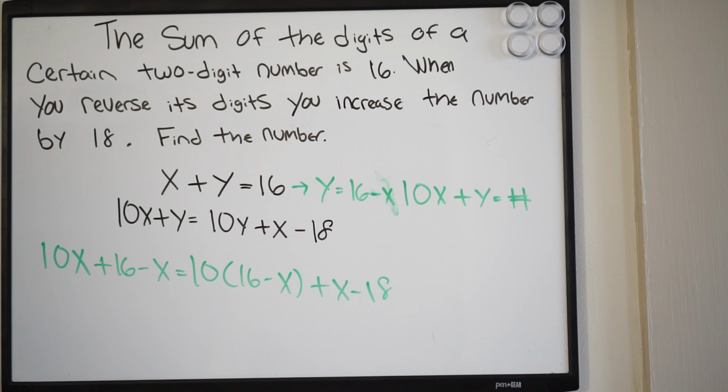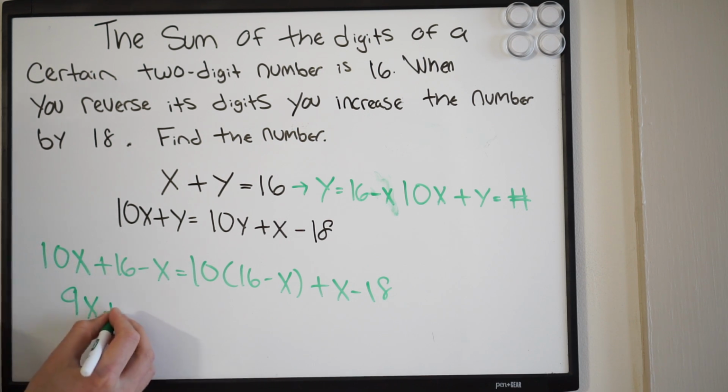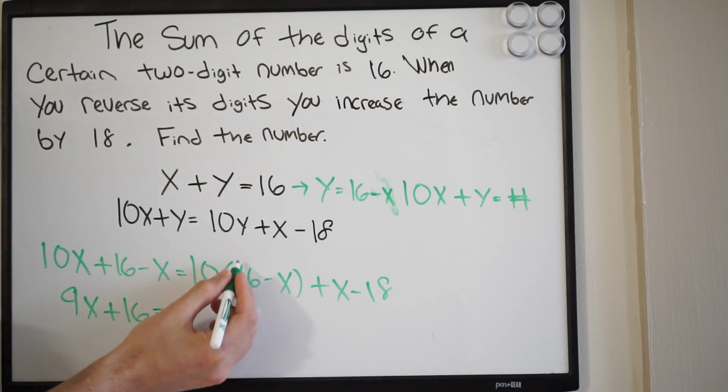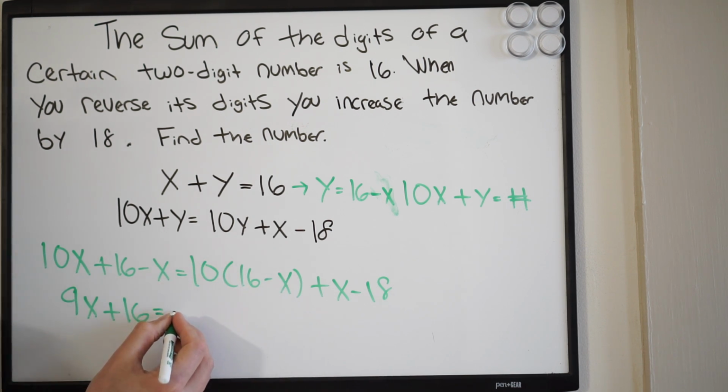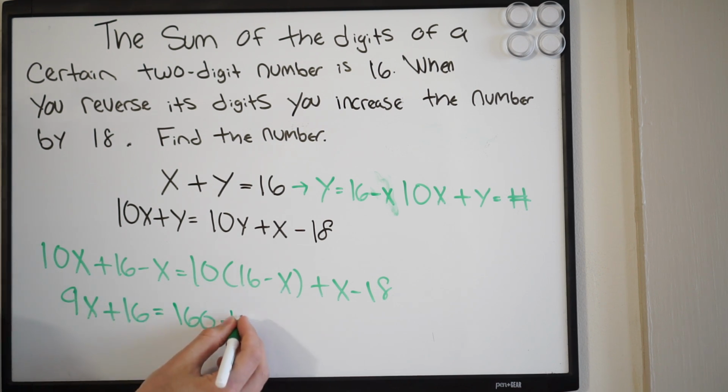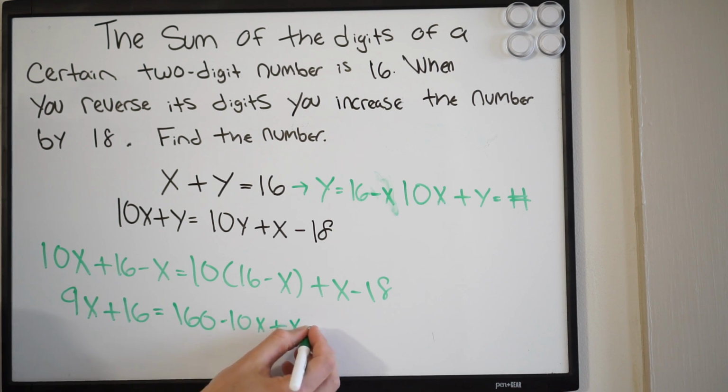Alright, let's just combine our like terms now and simplify this down. So I have an x here and an x here. This will make 9x plus 16, right? 10x minus x, 9x. Let's distribute here, so this will be 160 minus 10x plus x minus 18.